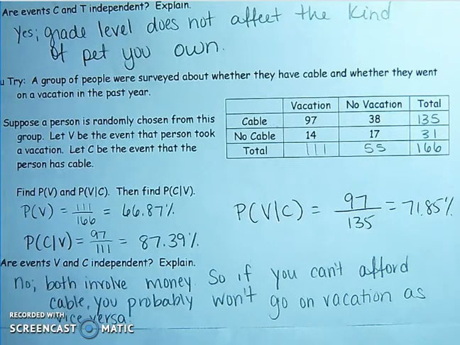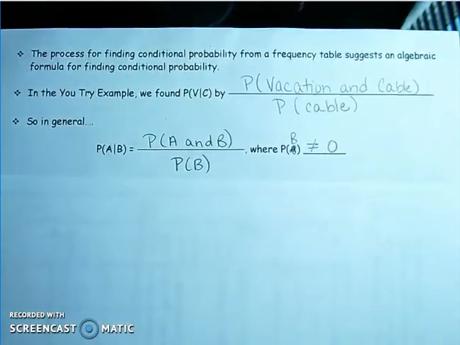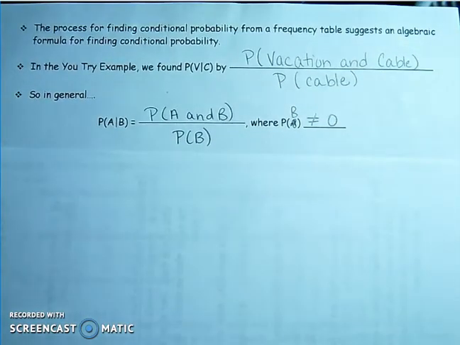What you might have started to notice is there is a formula for conditional probability. You don't just have to randomly find things on the table or try and think too hard about it. The idea for finding conditional probability, if we look back at the example we did with the vacation and cable, to find the probability of vacation given that the person had cable, we found the intersection of both.